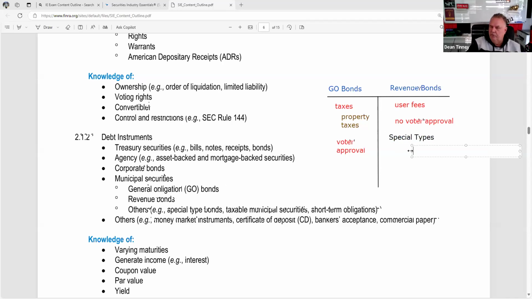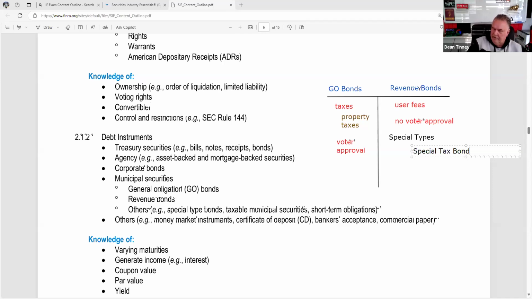So one special type of bond is what are called special tax bonds. Not a general tax that goes into the general budget. No, no, no. A specific tax, a special tax for a special purpose.